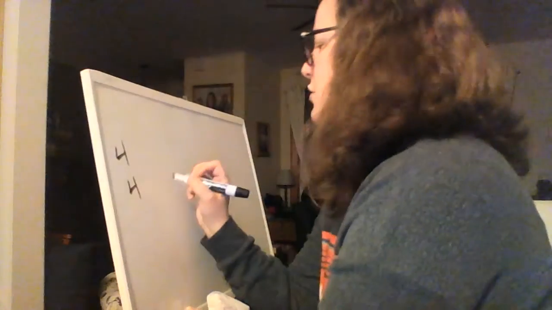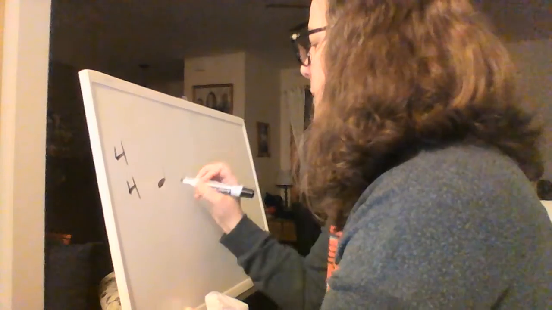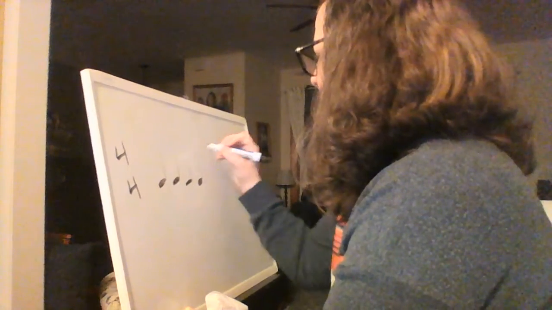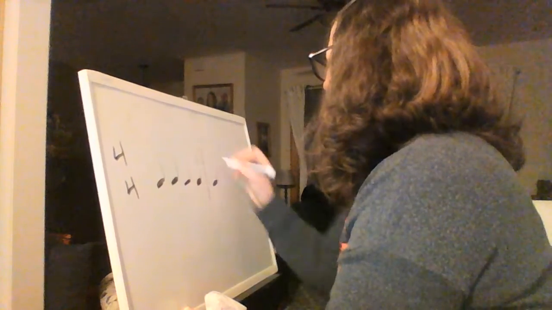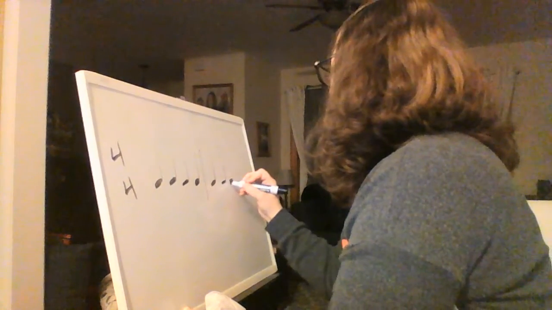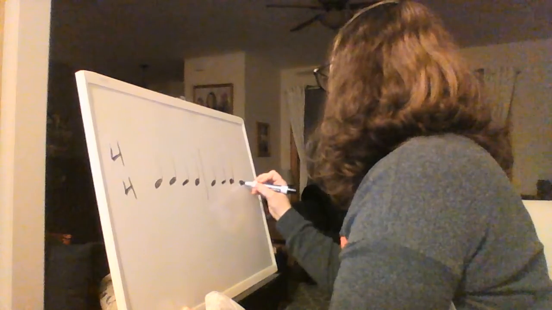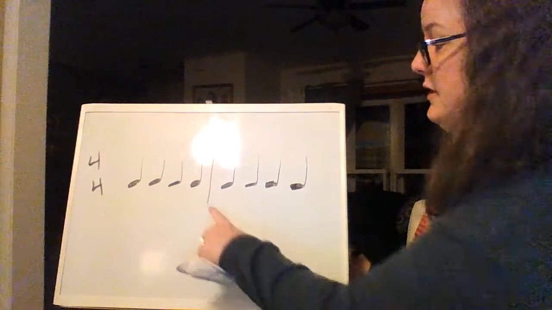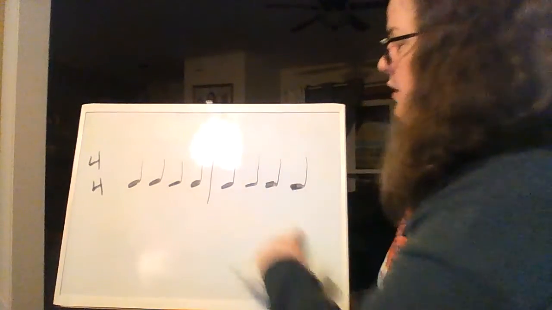How do we make sure we count that correctly? So I'm going to go ahead and do this rhythm, but we're going to use 2 measures worth. So it looks like this. Now we have 2 measures, because here's a measure line. We have 2 measures of quarter notes.